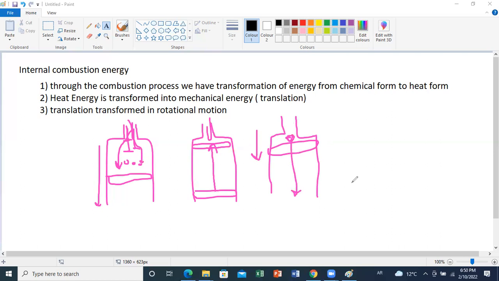Then your piston is related through a mechanism of a rod and a crank to your crankshaft. Your piston is connected to a rod and to a crank, and this is your crankshaft here. Due to force transmission through the rod, this will create a force that has two components.